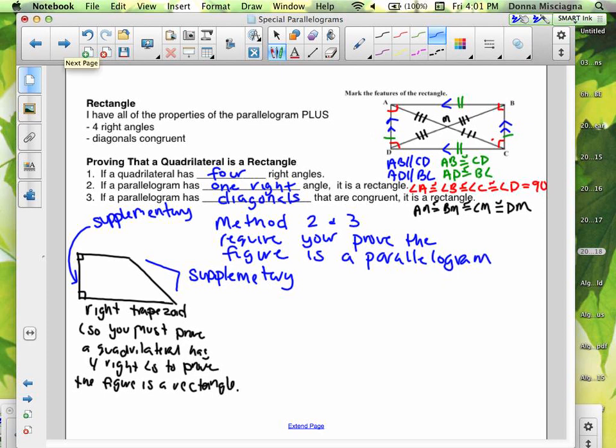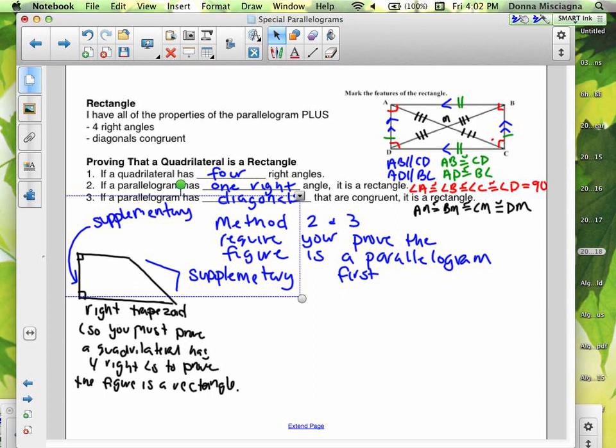There we go. Taking my writing a little while to come up. At some point the word first will probably come up. There it comes. All right, so the first method doesn't, because you're proving all right angles. And in essence, if you prove that the figure has four right angles, you end up proving it's a parallelogram. To be a rectangle, you have to be a parallelogram.